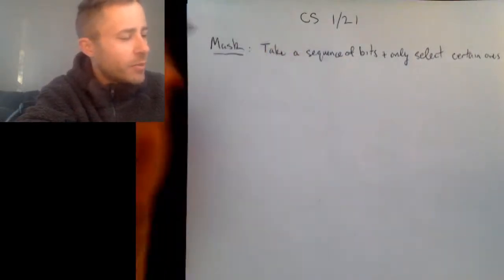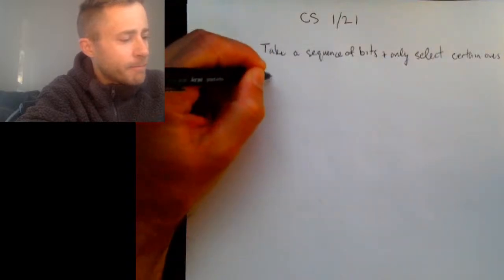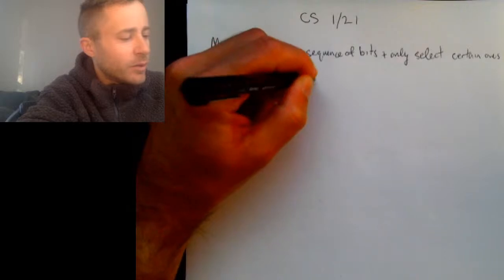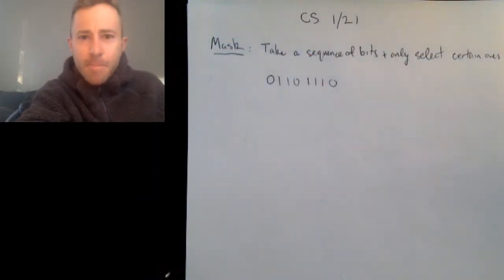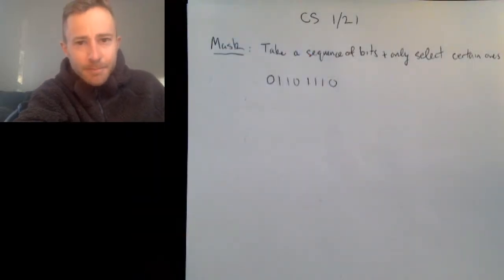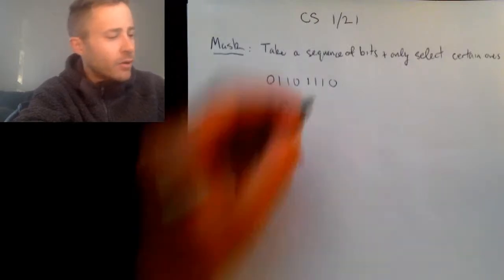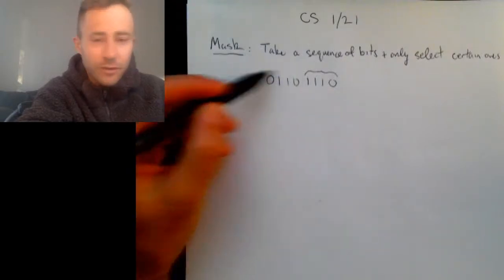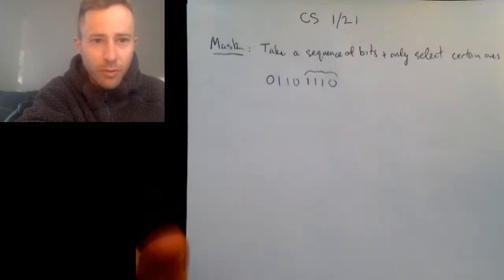So what if I had the bits maybe 0, 1, 1, 0, 1, 1, 1, 0. And I'm interested in only these first four bits. I don't care about what the other ones are. I only care about what those first four bits are.